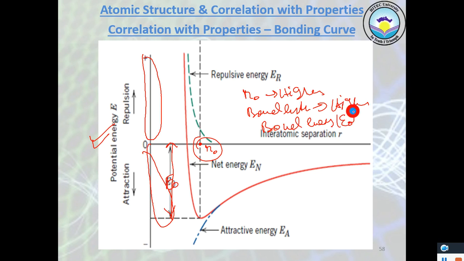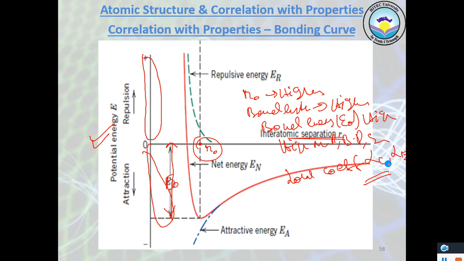That means E naught will also be higher, and if E naught is higher, it will have high melting point, boiling point, strength, stiffness, and so on. And what will be low? The coefficient of expansion or contraction, thermal contraction and coefficient of thermal expansion, they will be lower.